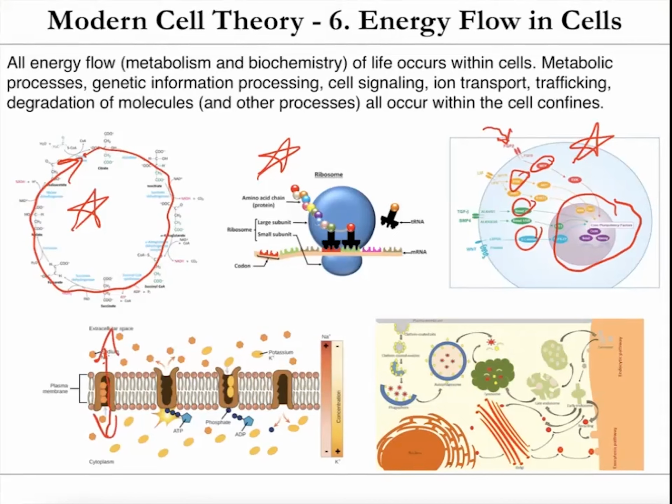They may move ions in or out of the cell. That is going to occur within the cell, within proteins in that cellular membrane. And also bringing in molecules, bringing in raw materials. These are brought in from outside the cell and then processed within the cell. So all the energy flow in cells, they have to be able to take energy in from the outside of the cell and then process that within the cell itself.